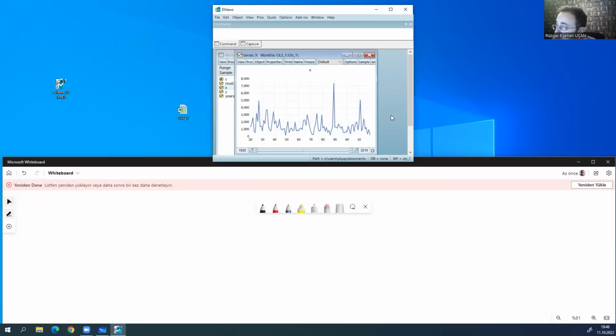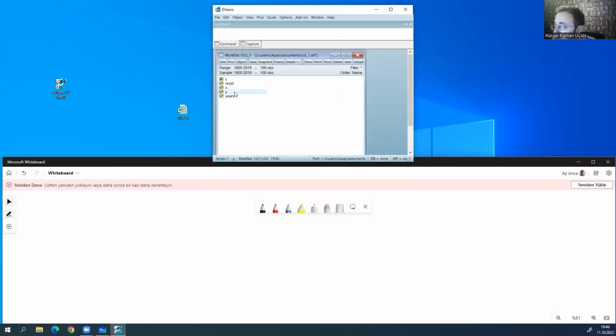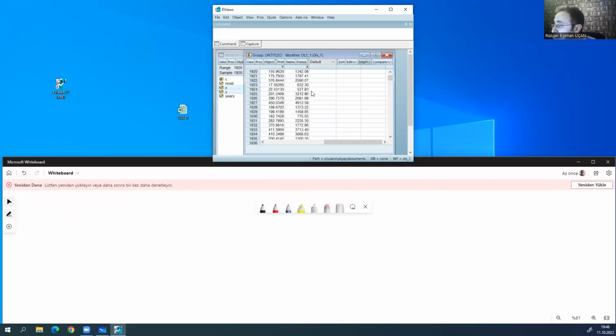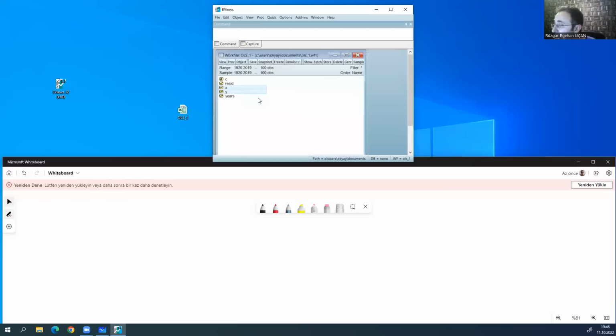So not the same values, but the same graph. How can we understand that they do not have the same values? You may open Y and X together, and you may see the values as a group. You see that in 1920, Y is 115.55, and the other one is 1342. They are different.